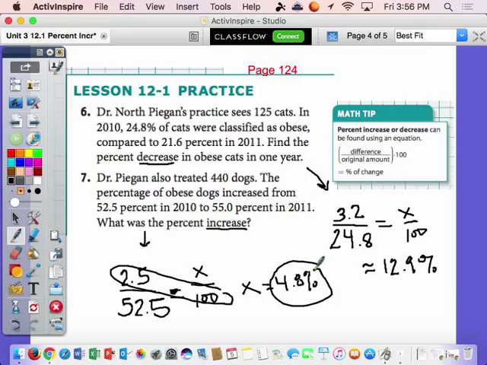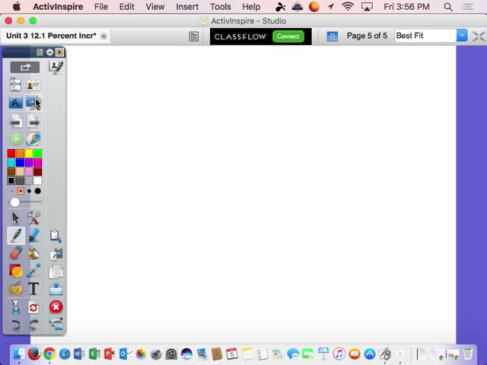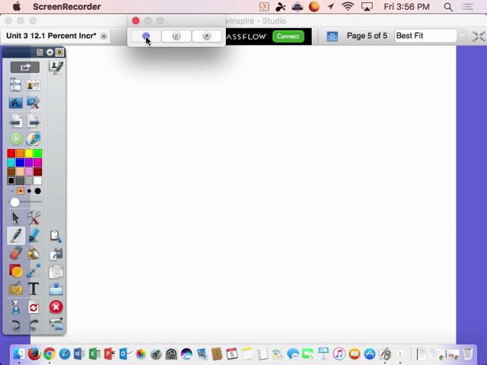If you did it right, you should have gotten 4 and 8/10%. Okay? So they had an increase of obesity about 5%, whereas the cats' obesity went down. All right? Those are the only problems you had to worry about in your book. So go on to the next part of this module.